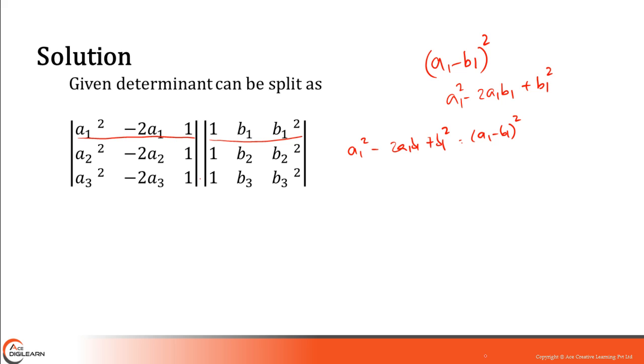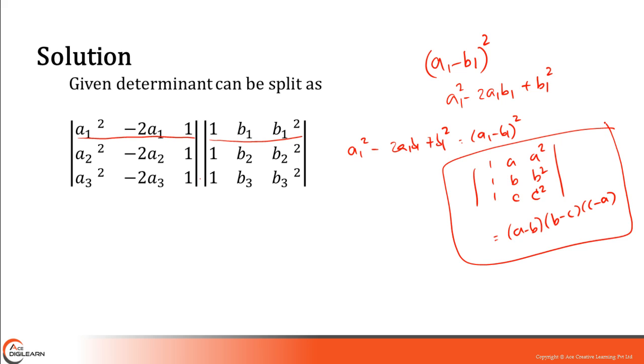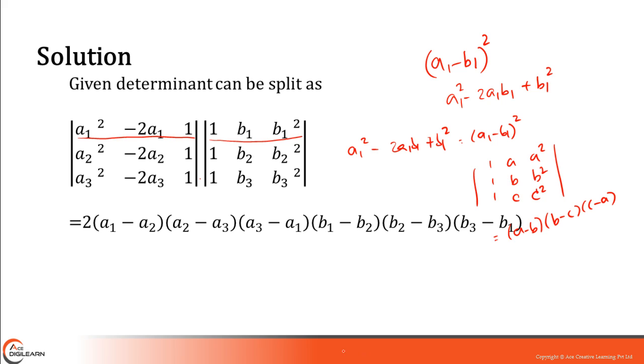So the given determinant can be split into a product of two determinants, and we know the value of the standard determinant 1 1 1, a b c and a square b square c square as (a minus b)(b minus c)(c minus a). Based on this standard determinant value, we get the answer as 2. We can take common (a1 minus a2)(a2 minus a3)(a3 minus a1) into (b1 minus b2)(b2 minus b3)(b3 minus b1).